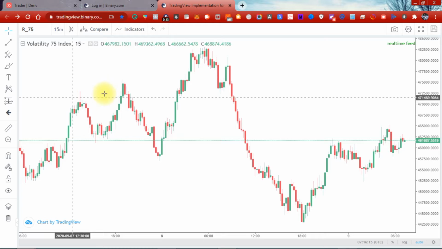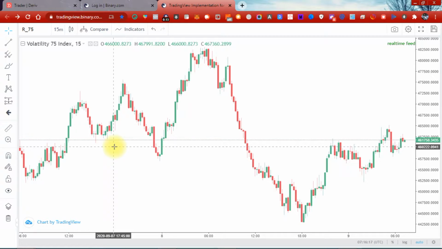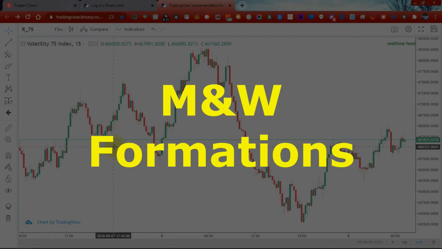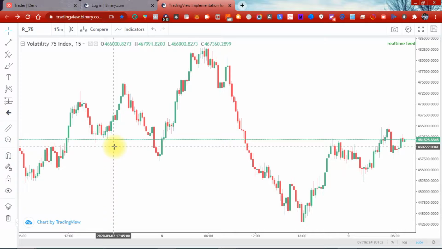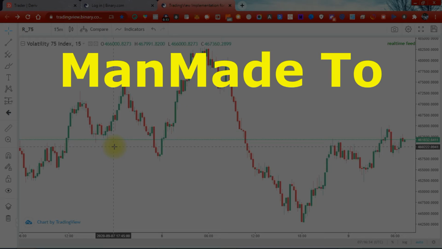So you've heard of these different techniques like the M and W formations, all these different techniques that you use to trade forex. But when it comes to V75, most of this technical analysis is basically not available, because what you need to understand about V75 is that it's a man-made index.